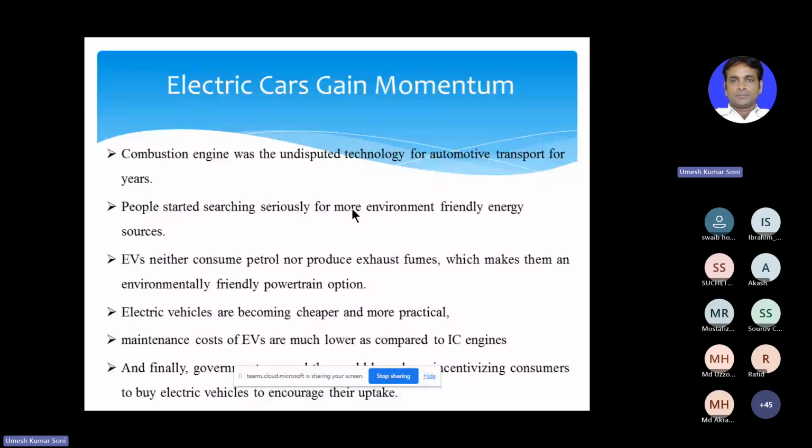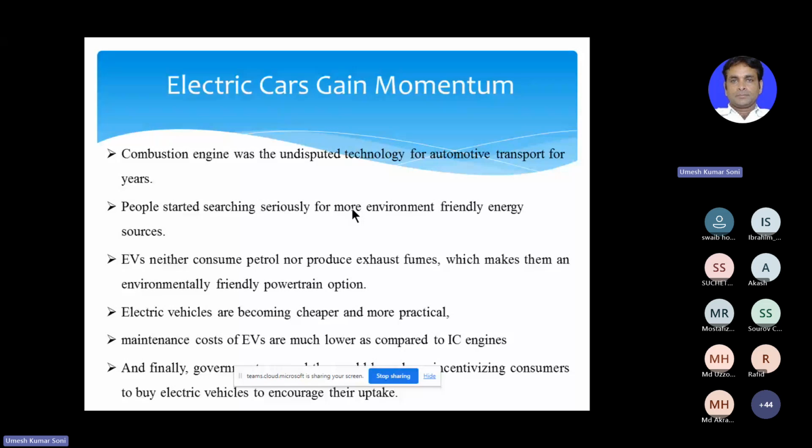So here, why are electric cars very important nowadays? Because combustion engines have been an undisputed technology for automobile transport for years. But nowadays, due to the deficiency of conventional sources, we have another scope of energy source, that is battery and fuel cell. The electric vehicles never take petrol, and they are friendly.